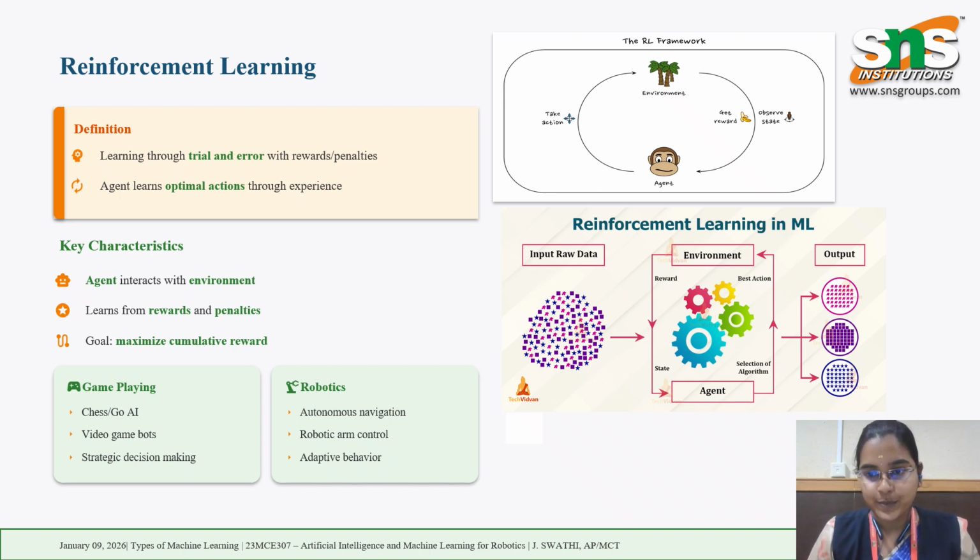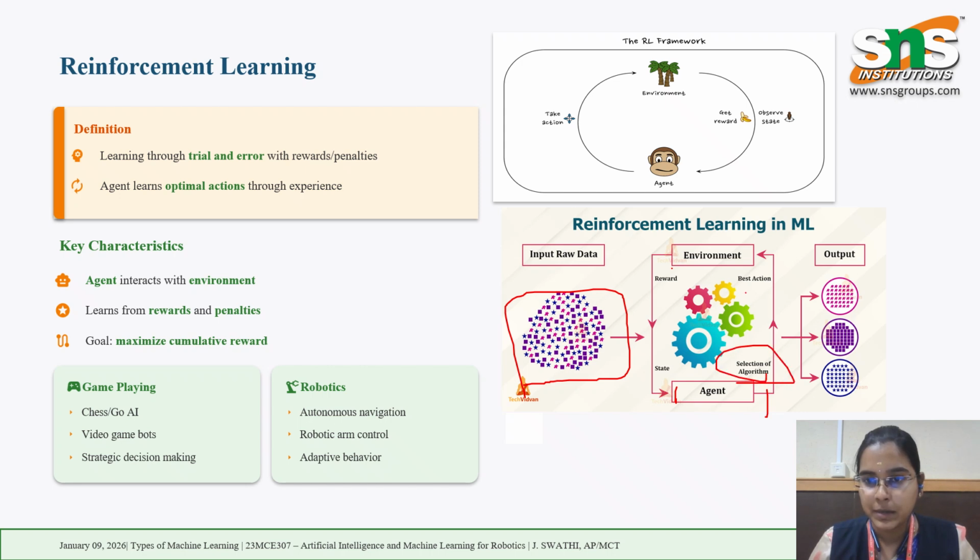Coming to reinforcement learning, in supervised and unsupervised learning we have some input given, but here I give some raw input. It is neither labeled nor unlabeled; I give a random raw input. The agent is set with an algorithm and implements its best action in the environment.